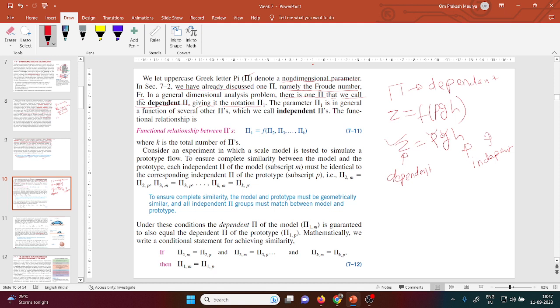For the sake of understanding, for the dependent we write pi 1. In general, the parameter pi 1 is a function of several other pi's: a function of pi a, pi b, dot dot dot, pi n. This is the meaning here.